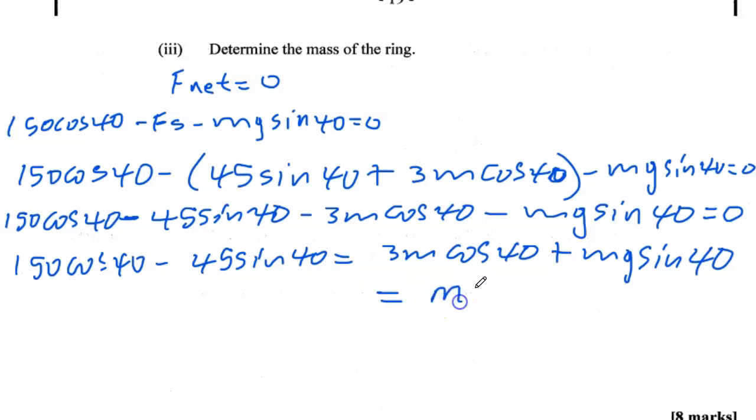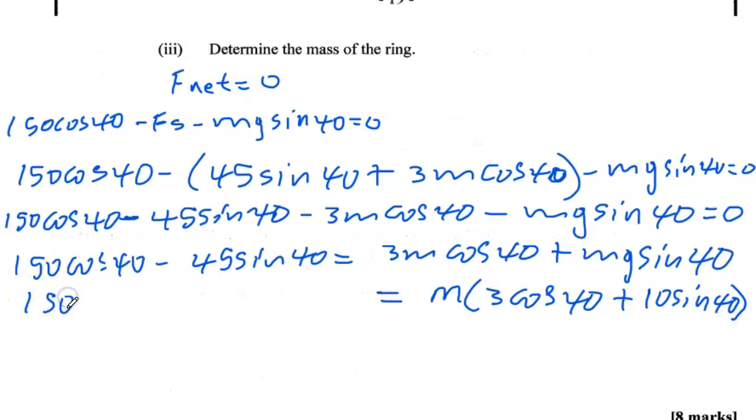Factor m, we have 3 cos 40 plus g sine 40. Now g is 10. So that's 10 sine 40. Over here, we have 150 cos 40 minus 45 sine 40. So we can divide both sides by the bracket.